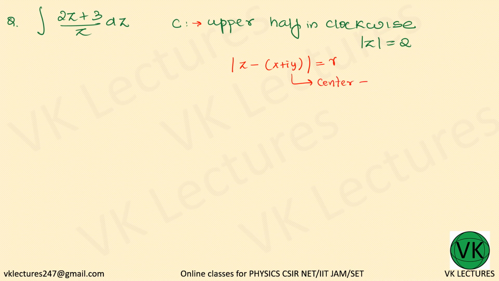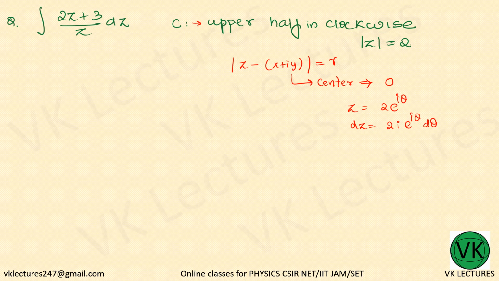Now in this case the center is 0. So z is equal to 2, the radius, e to the power i theta. dz will be equal to 2i e to the power i theta d theta.